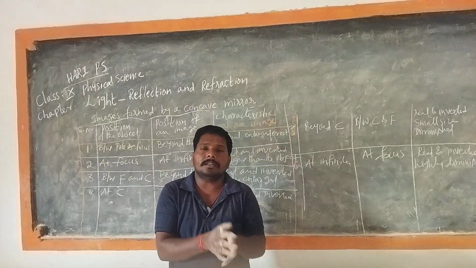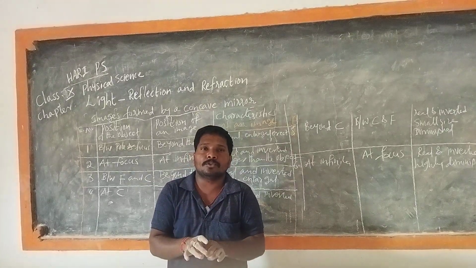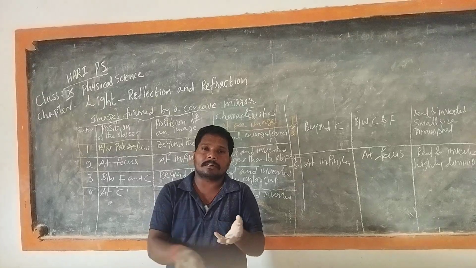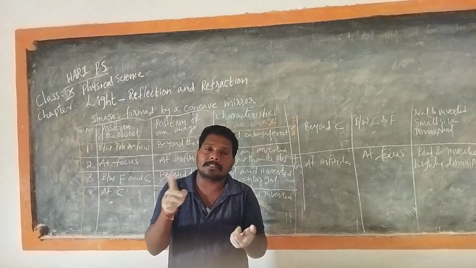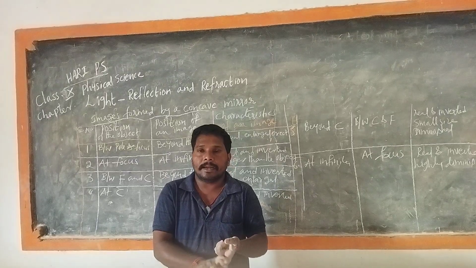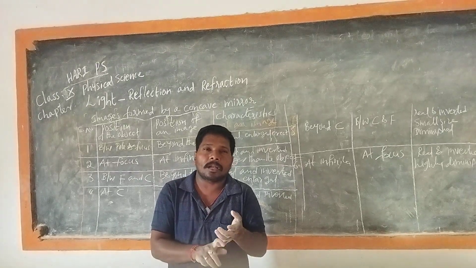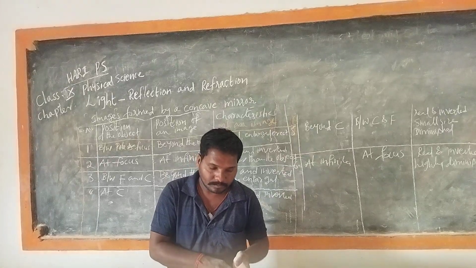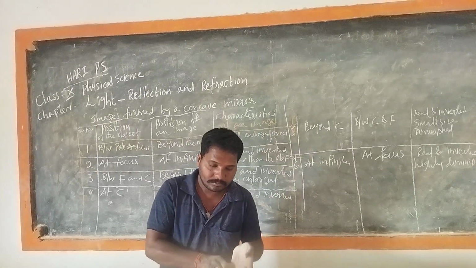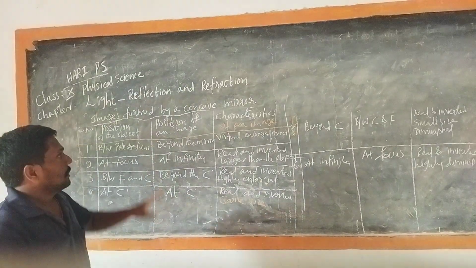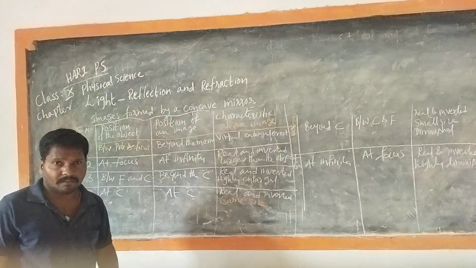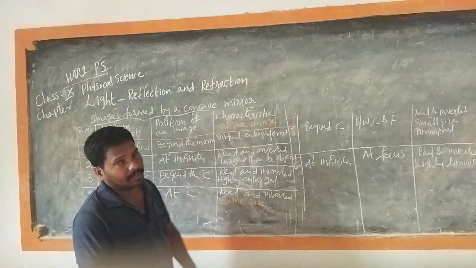So concave mirrors are used in our day-to-day life: by doctors, dentists, as shaving mirrors, makeup mirrors, and for making solar cookers. In this way we discussed the formation of images by a concave mirror.